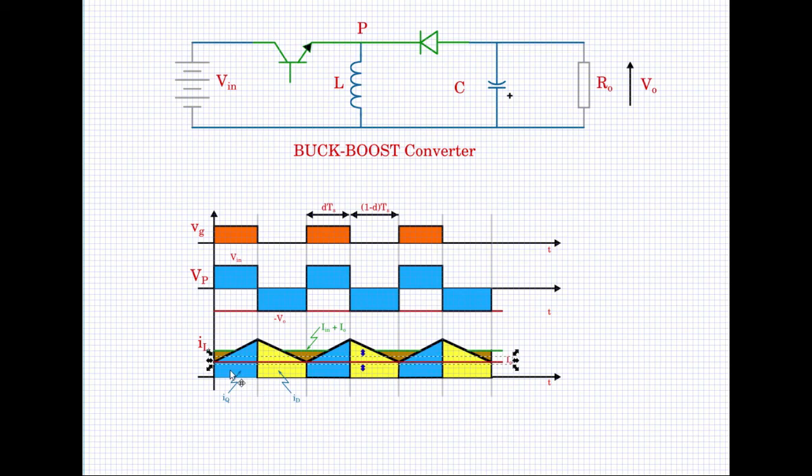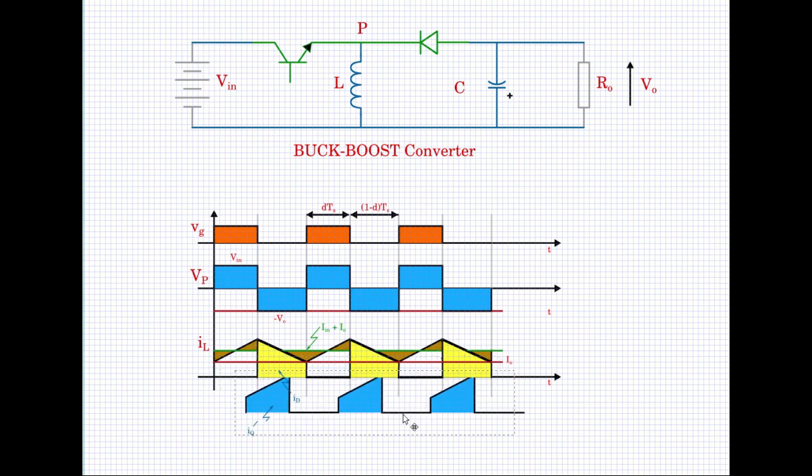And let me remove this waveform so that it becomes clear that this is the diode current wave shape as you would see on an oscilloscope. The rating for the diode you can take from this wave shape. So the inductor current peak value, I in plus I naught plus delta IL by 2, will be the peak current value. The average value will be I naught. So these would be the ratings for the diode.